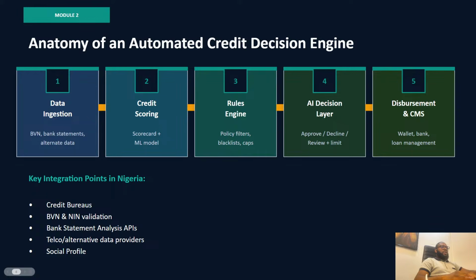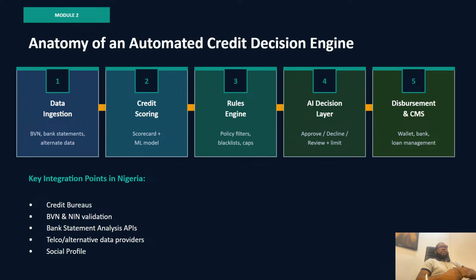We also have BVN and NIN validation. In recent times, there's actually a need to get information about the customer's BVN. It is not just to curb identity fraud, but that information about the customer's BVN can actually give you insights. So let me give you something for free.